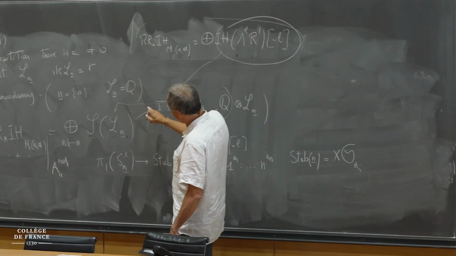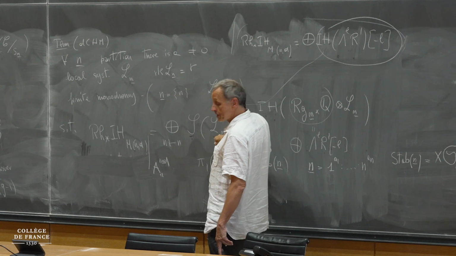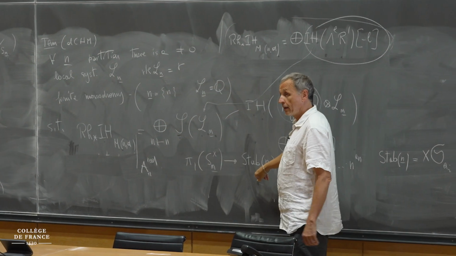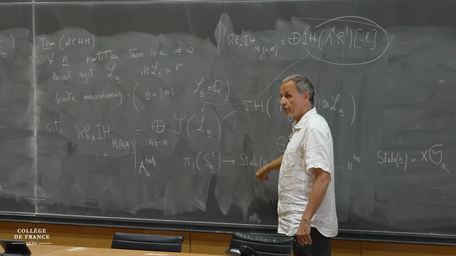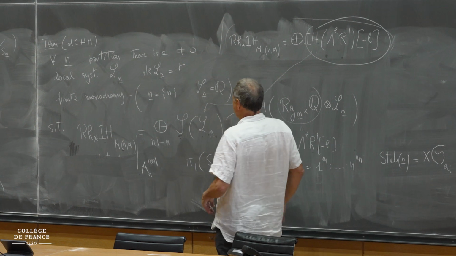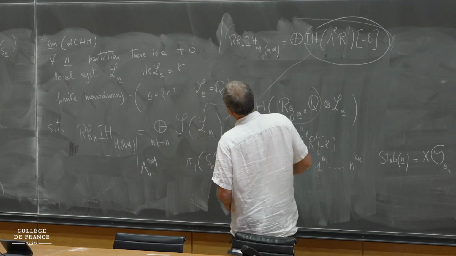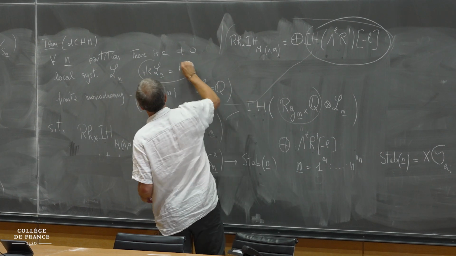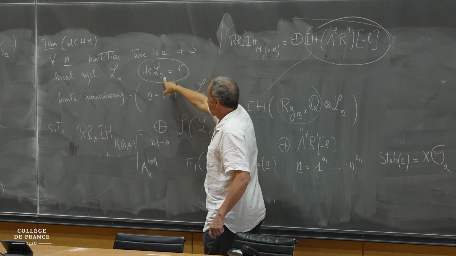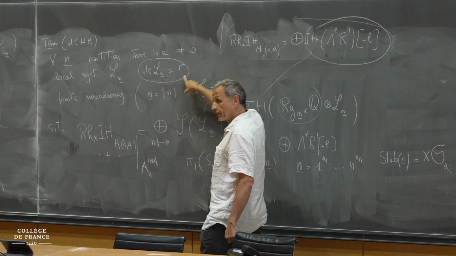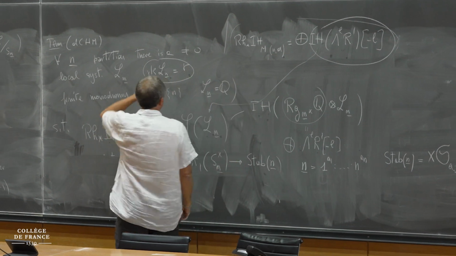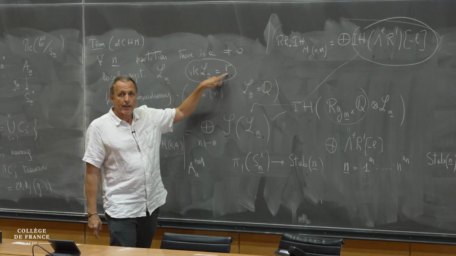Okay, so these local systems are just given by representations of the stabilizer of n, and the rank of the local system is the length of the partition. So actually one can say precisely what they are.